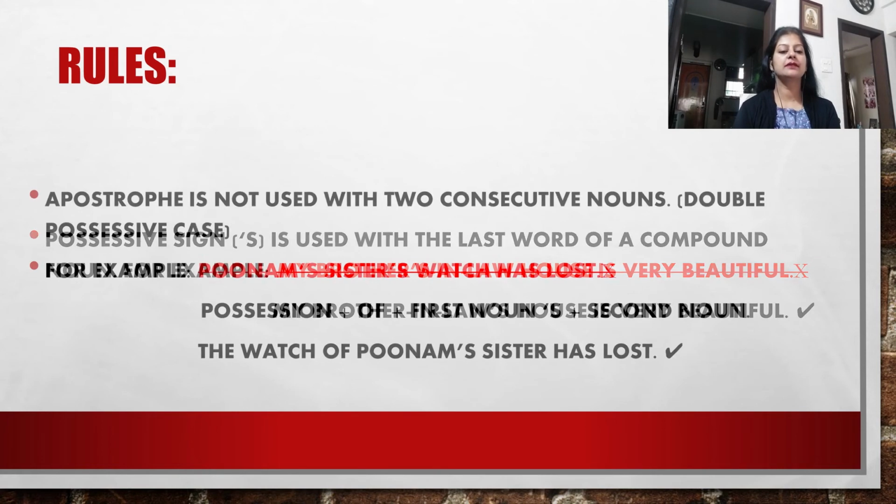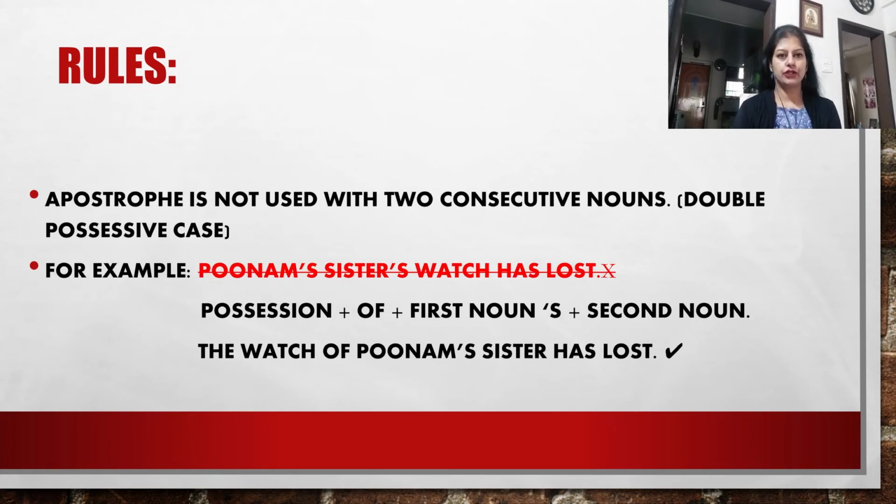Now the next rule is, apostrophe is not used with two consecutive nouns, where double possessive cases are given. Then what will we do? For example, Poonam's sister's watch has been lost. Here three nouns are mentioned: Poonam, sister and watch. Now this example is absolutely wrong.